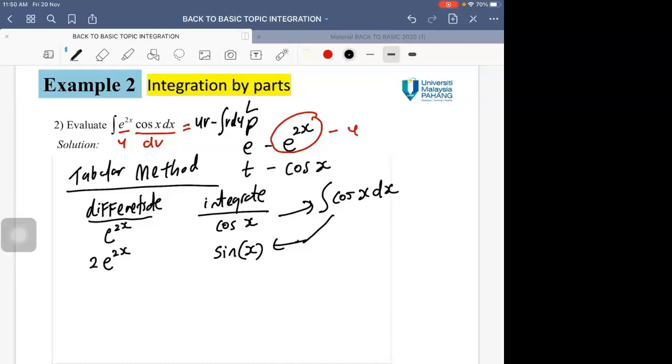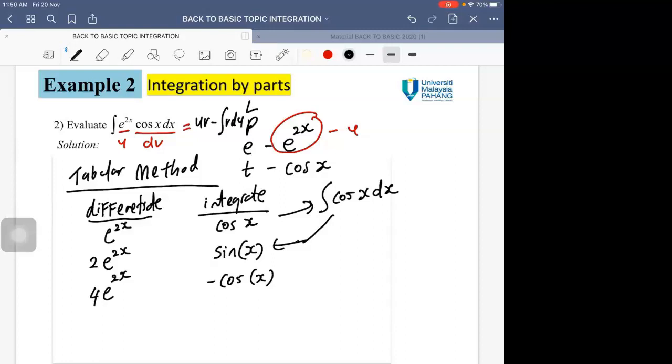What do you get? 4 exponent 2x. And then integrate sin x, negative cos. This time negative. Negative cos x.